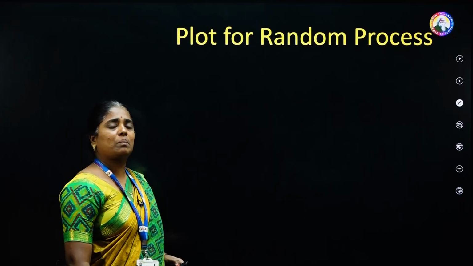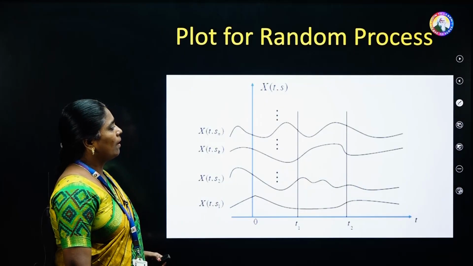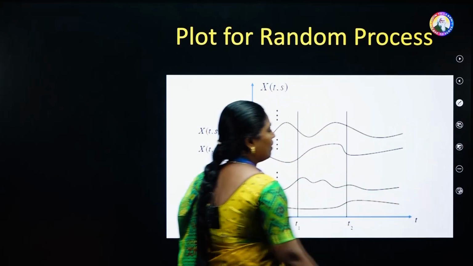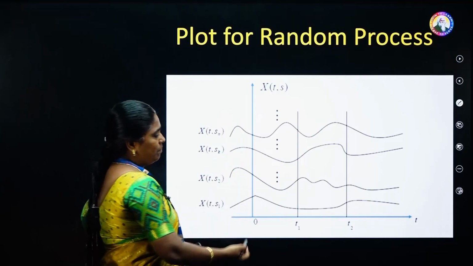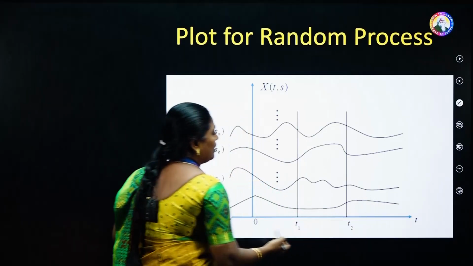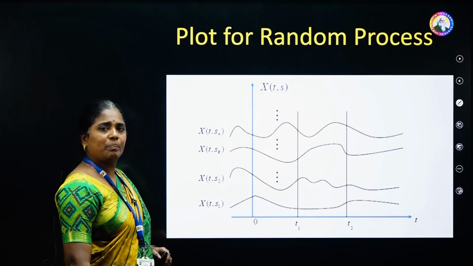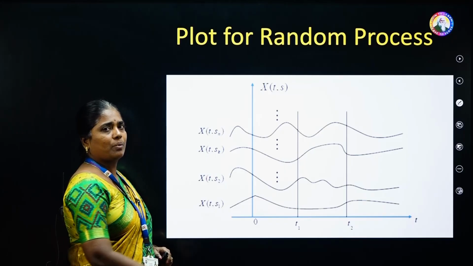Next, we will see what is the plot of a random process. We have plotted with respect to the x-axis time and y-axis as x of t, s. That means with respect to time t, how the random process changes, we are plotting.